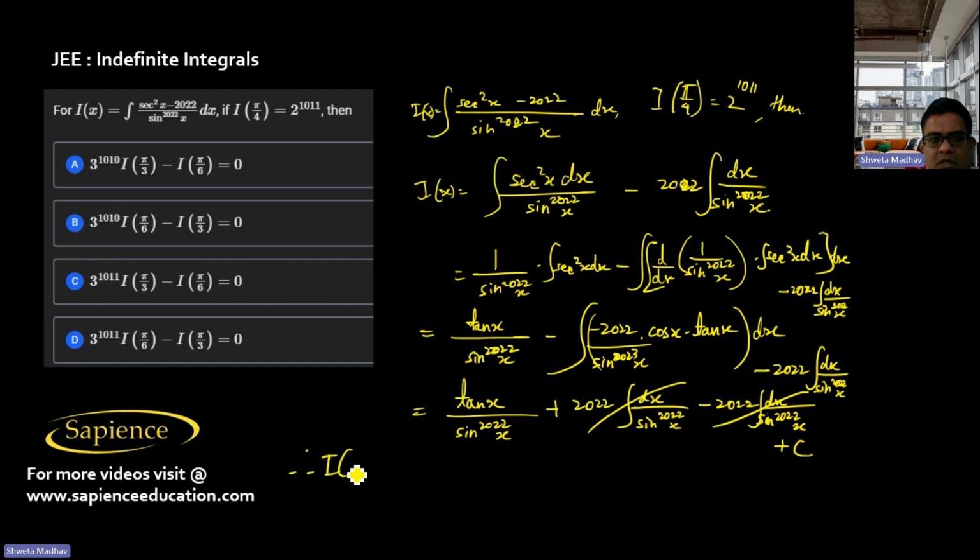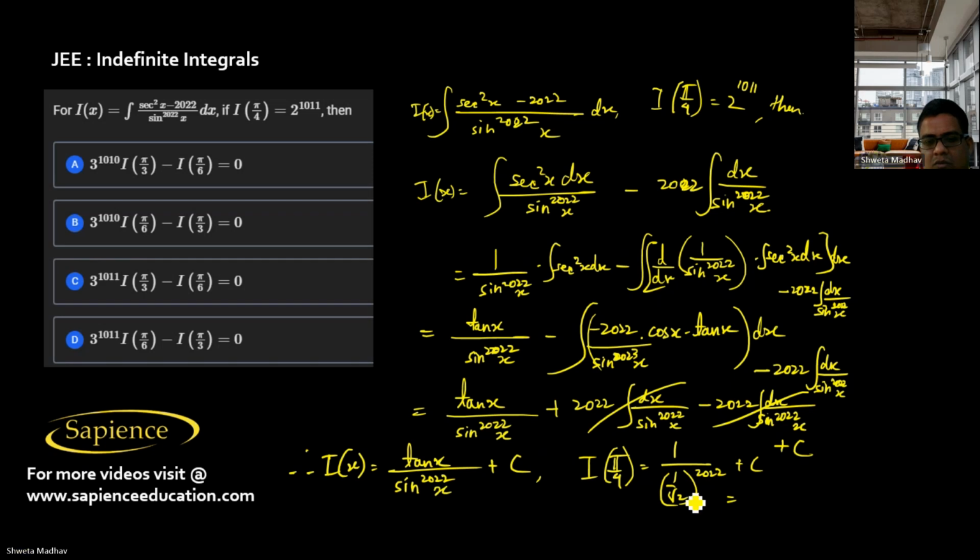So therefore the integral I of x is equal to nothing but tan x by sine power 2022 x plus c. So now I of pi by 4 will be tan pi by 4, which is 1, and sine of pi by 4 is 1 by root 2. So 1 by root 2 power 2022 plus c, which is equal to root 2 power 2022, so it is 2 power 1011 plus c, and that is given as equal to 2 power 1011.